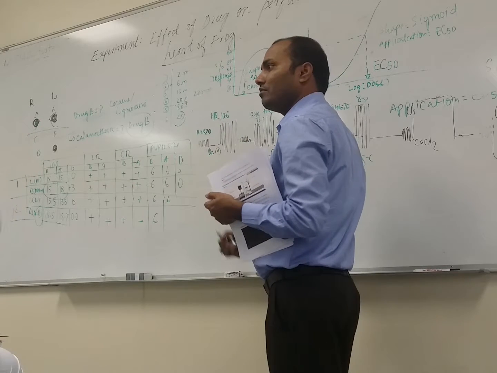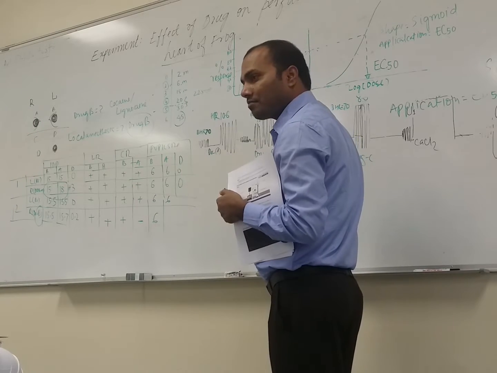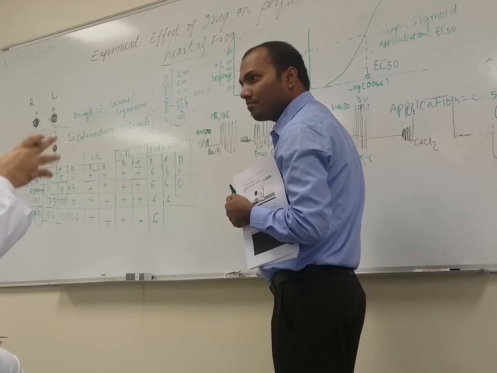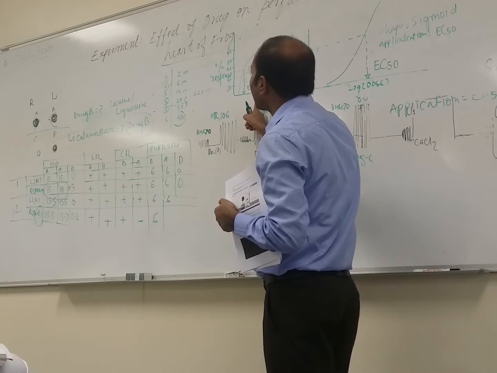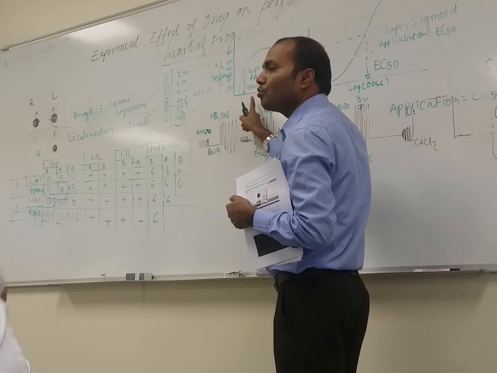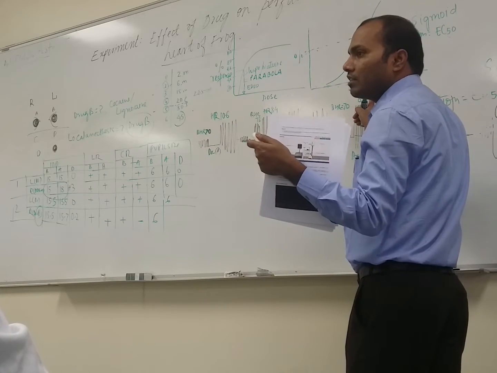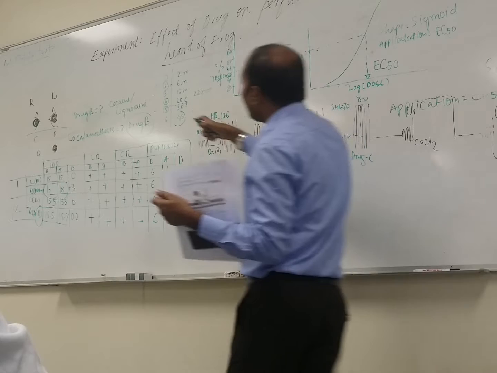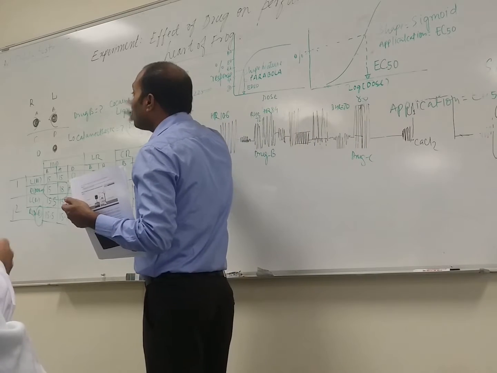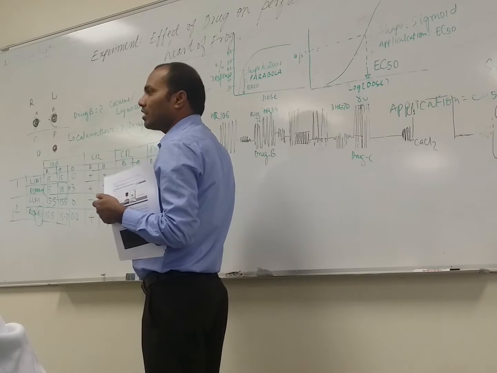So you draw a graph between the dose and the response. This is the dose curve. Dose curve gives ED50, concentration curve gives EC50. Once you convert this 1 milligram into log 1, that is the concentration.